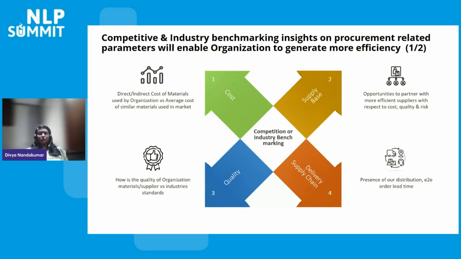When it comes to cost efficiency, the focus would be to compare the procurement costs such as material prices, shipping, and logistic expenses. And the goal would be to benchmark the procurement costs against the competitors to identify the areas of cost reduction. The advantage is we can achieve cost leadership without compromising on the quality.